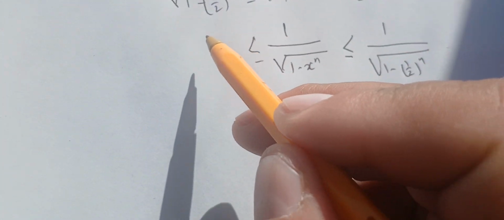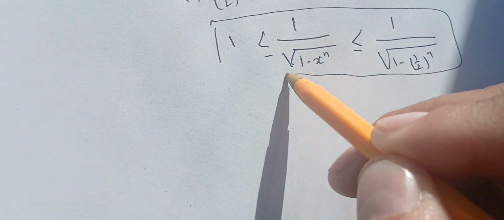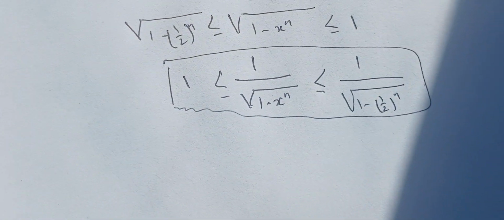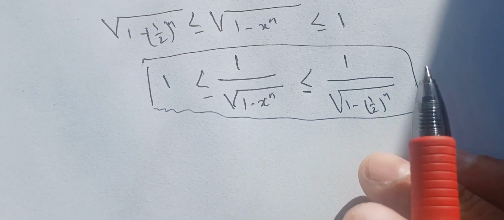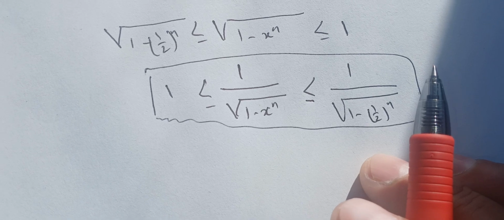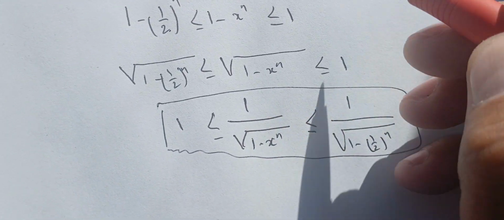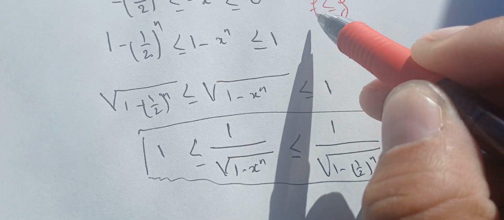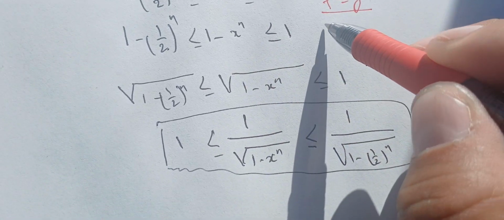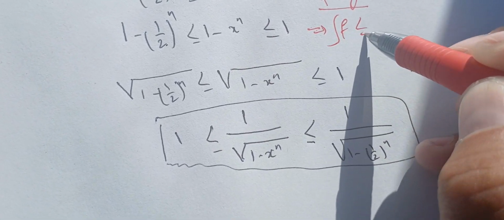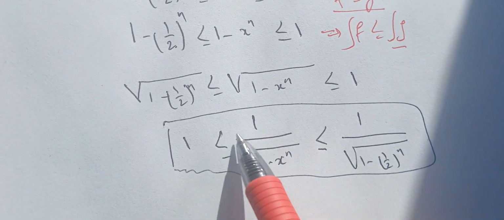Okay, so this result is extremely important for us now to be able to integrate. Given that we have two functions in this order, when we pass to the integral, nothing is going to change. So we do it here.